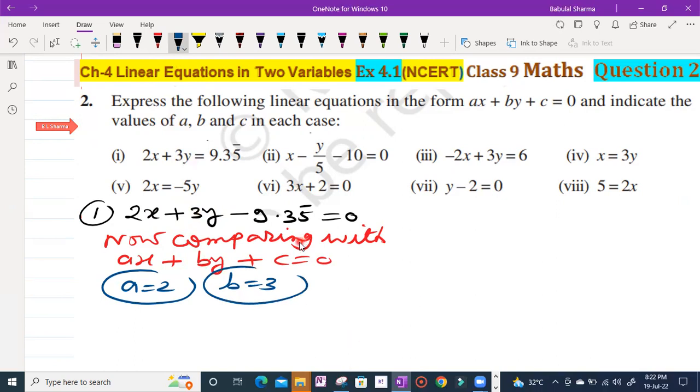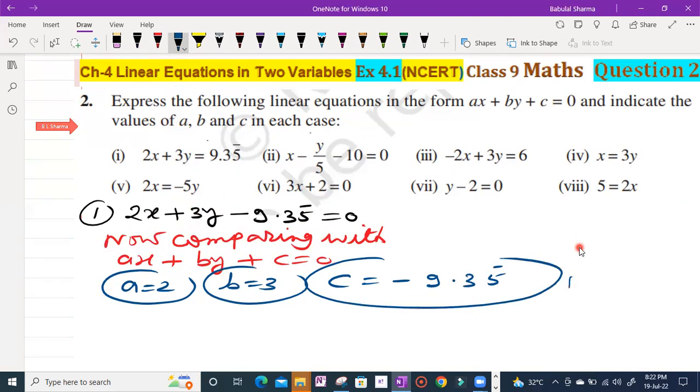And see here in the constant term, here it is plus c and it is minus 9.35 bar, तो हम लिखेंगे c is equal to minus 9.35 bar, and this is the answer. This is our standard form, means ax plus by plus c is equal to 0. Standard form में हम सारी terms को left hand side में लाते हैं, and right hand side should be only 0.